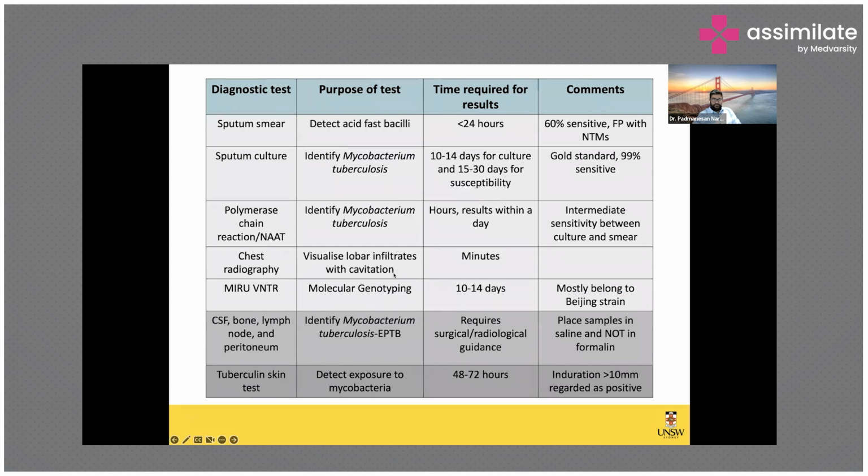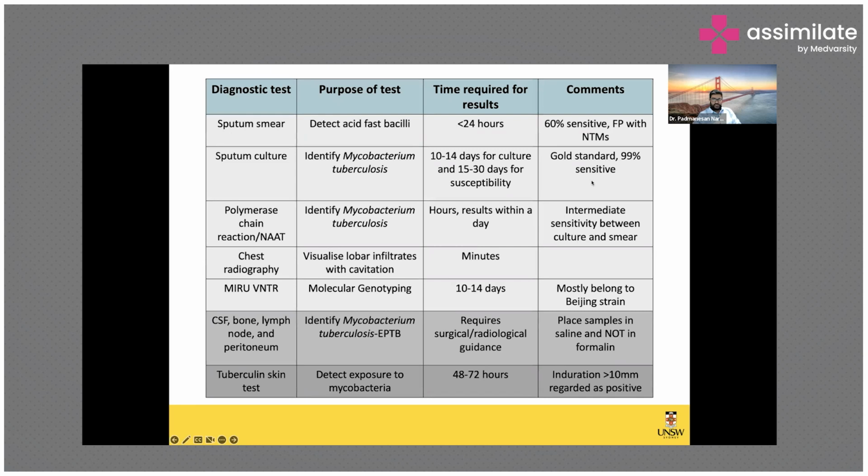To diagnose TB, we still use sputum smear, and we also have now started using a new technology called Xpert TB, which is basically a PCR or a NAT test, and it does give very good sensitivity and specificity, and that's now being deployed in many DOT centers, in many diagnostic centers.